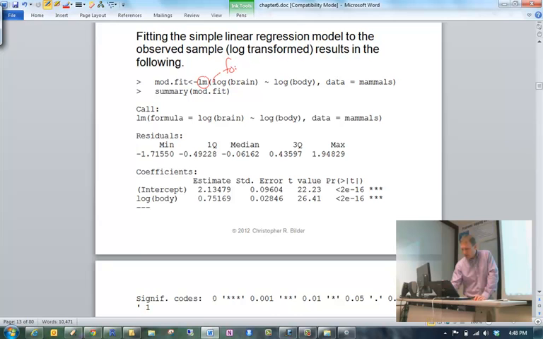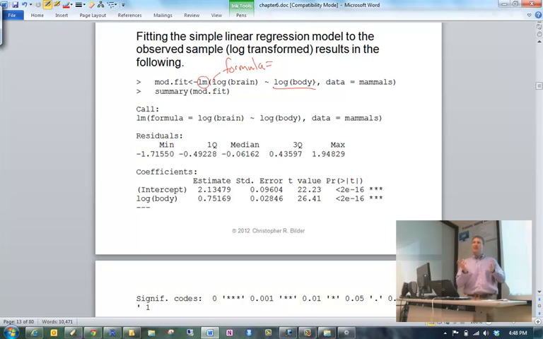I should have said, to be more specific, formula equal, and then I can simply say log of brain. Notice the log function does natural log by default. So I say log brain, and then a tilde to separate the response variable from the explanatory variable, log of body.